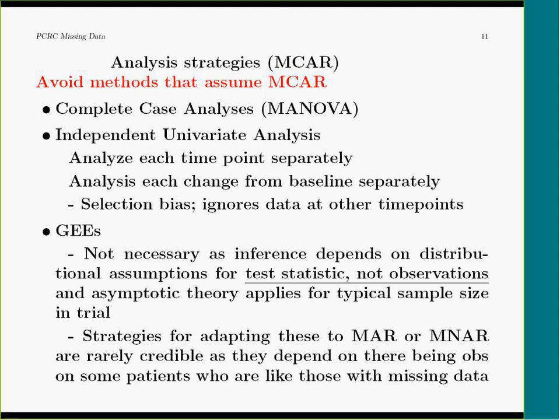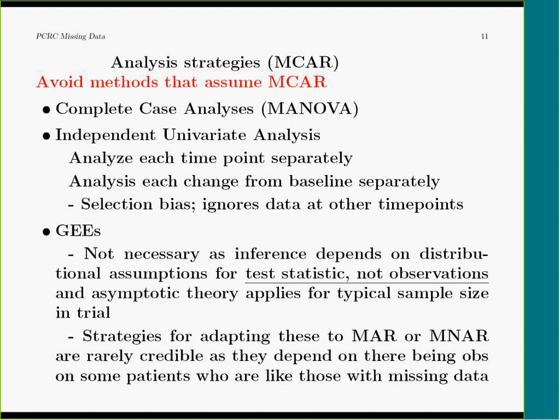One that I would strongly suggest you not employ is generalized estimating equations. Some people argue for them because the outcomes we're measuring aren't nicely normal distributions, but at the typical sample sizes we have in trials, it's not necessary for the distribution of the outcome to be normal.